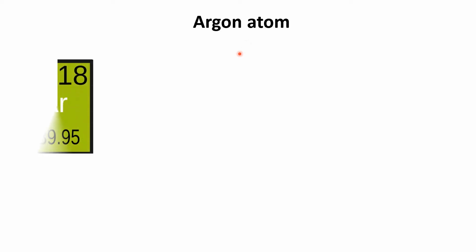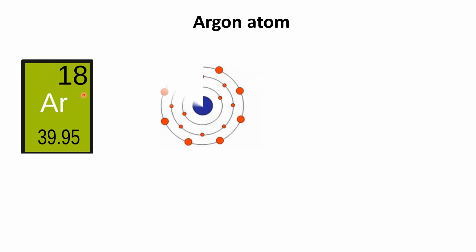Argon atom. The third element in group 8 in the periodic table is the argon atom. Atomic number equal to 18. We make distribution of 18 electrons because the atomic number equals the number of electrons that have a negative charge and move around the nucleus. So we fill the first shell with 2 electrons, the second shell with 8 electrons and the third shell with 8 electrons.